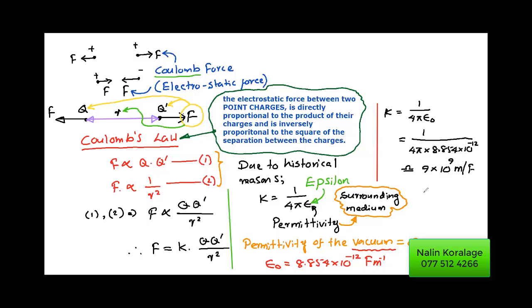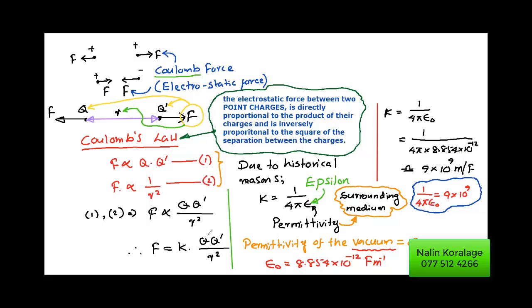The most important thing here is this. In case in a problem you find this entire block, 1 over 4 times pi epsilon naught, that entire block simply can be replaced by 9 into 10 to the power 9. So now let's say we are in the middle of a question of finding the electrostatic force or the Coulomb force between 2 point charges.